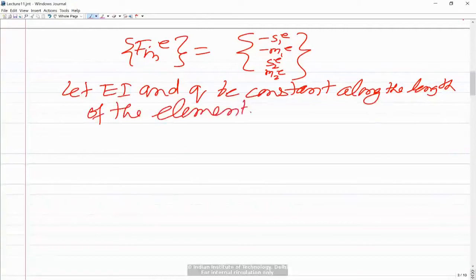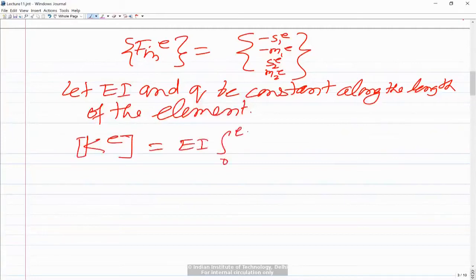So in that case, if you look at the Ke, because Ei is constant within the element, it can be taken out of the integration. So I can write Ei and then integral 0 to L of B transpose, and B transpose we have already seen: d2h1 by dx square, d2h2 by dx square, d2h3 by dx square, and d2h4 by dx square.